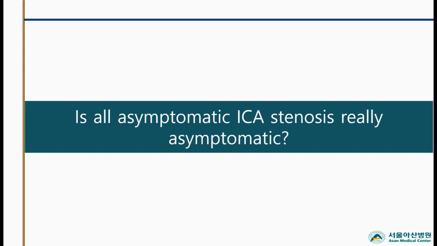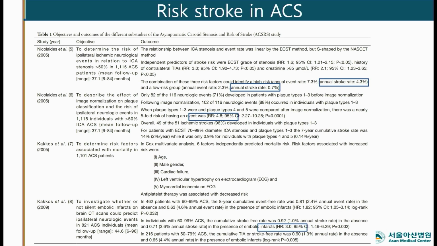So is all asymptomatic ICA stenosis really asymptomatic, and how can we judge if there is a high risk plaque or not? When we look at the data regarding the incidence of stroke in this kind of asymptomatic carotid disease, the annual risk for those who do not have a high risk feature, the low risk group, is only lower than 1% annually.